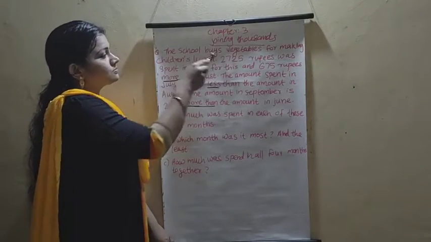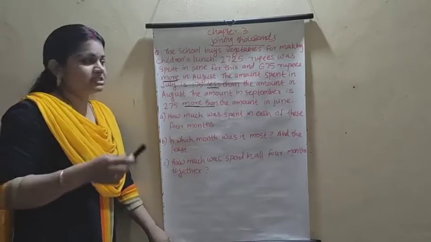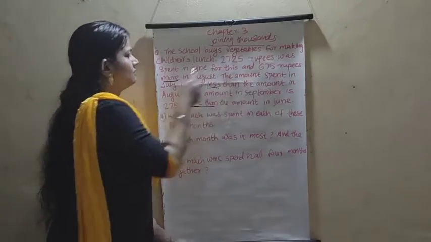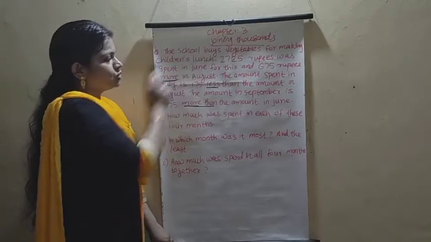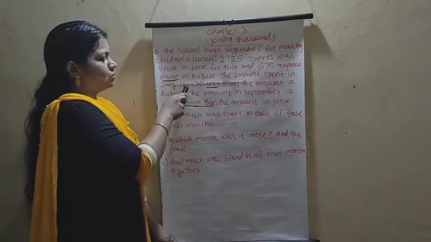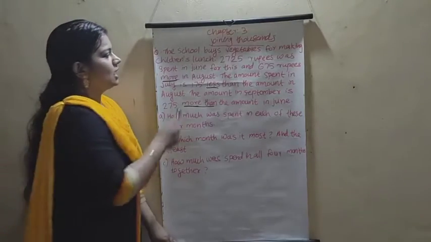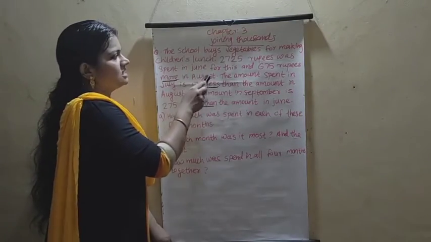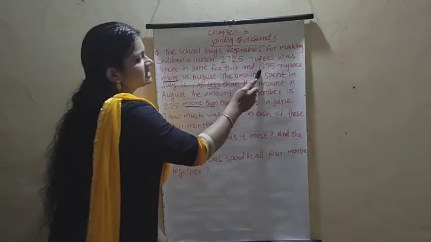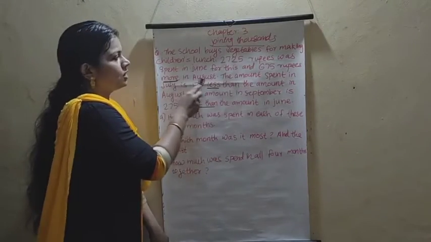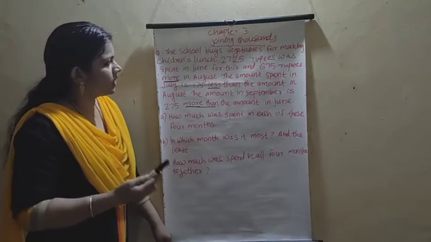So June is 2,725, and August is 675 more than that. First of all, we want to find out how much money was spent in August. How to find this out?